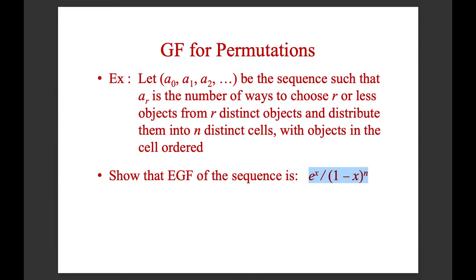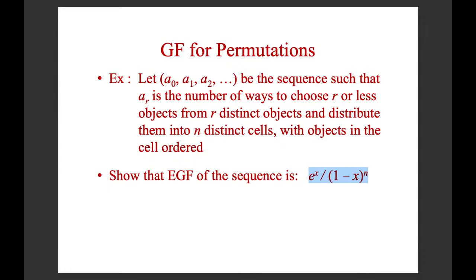It tells us they are put into cell 3, but we also need to specify which one is put as the first, which as the second, and which as the third. Okay.